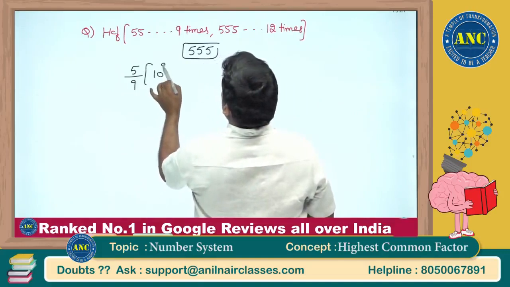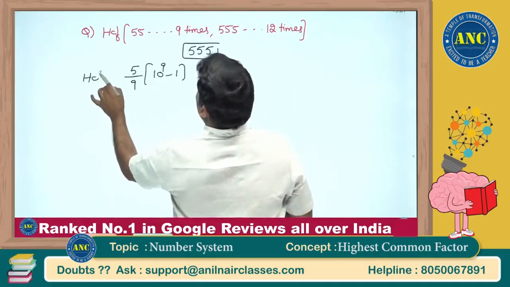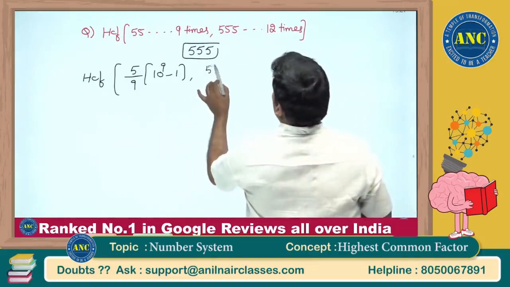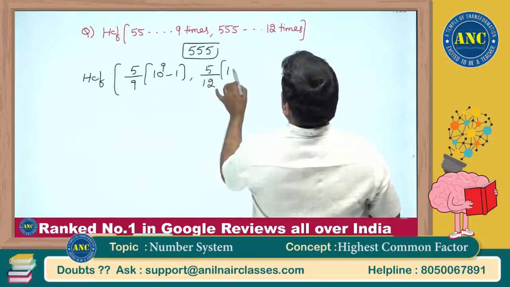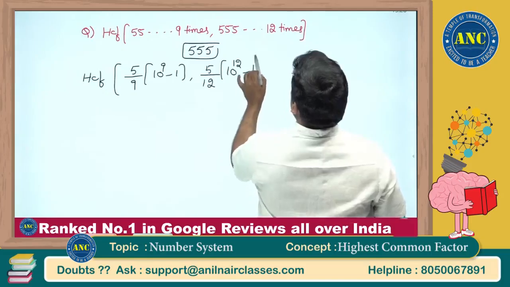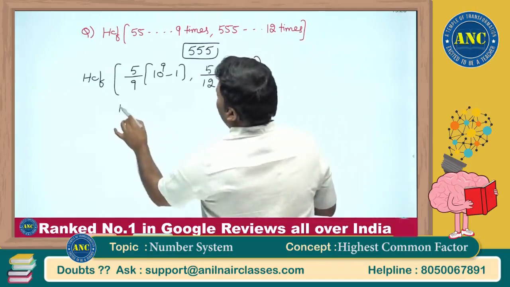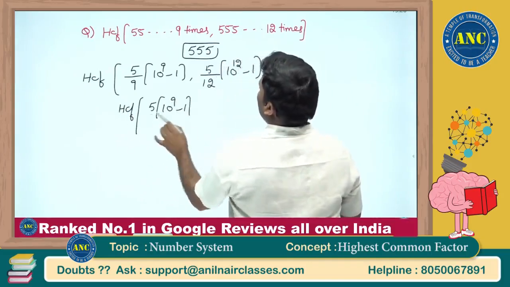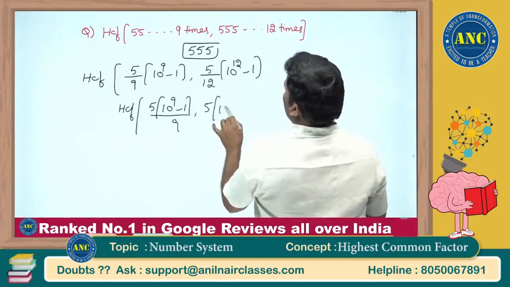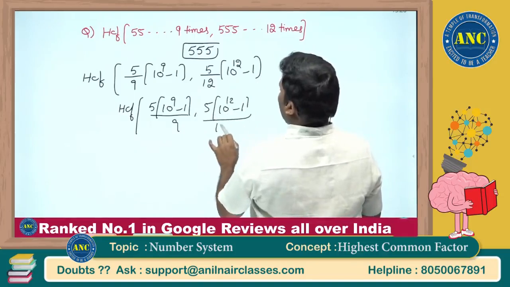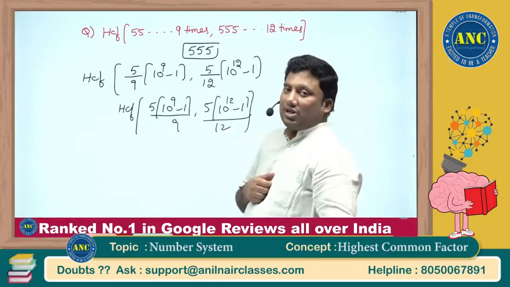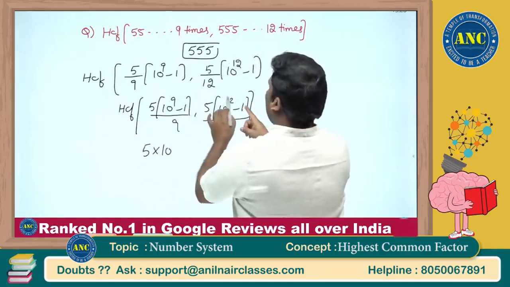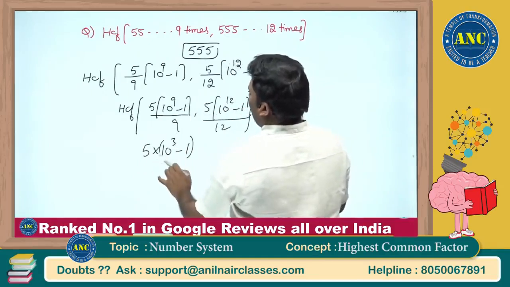HCF of 5 by 9 into 10 power 9 minus 1, and 5 by 12 into 10 power 12 minus 1. So HCF of fractions: HCF of the numerators, 5 into 10 power 9 minus 1 and 5 into 10 power 12 minus 1, by the LCM of the denominators. For the numerator we get 5, and for 9 and 12 the HCF is 3, giving 10 cube minus 1.